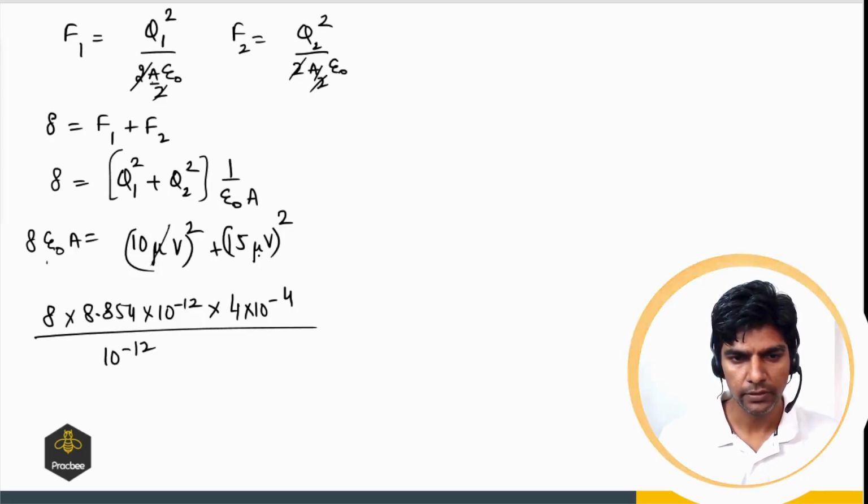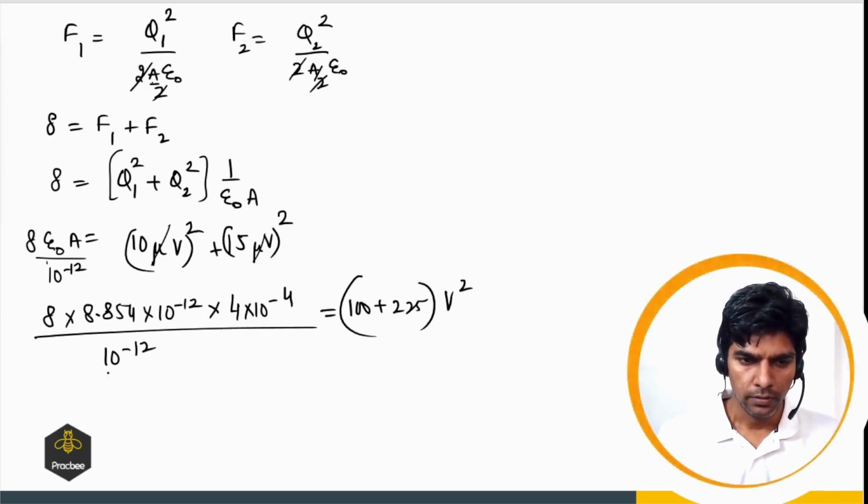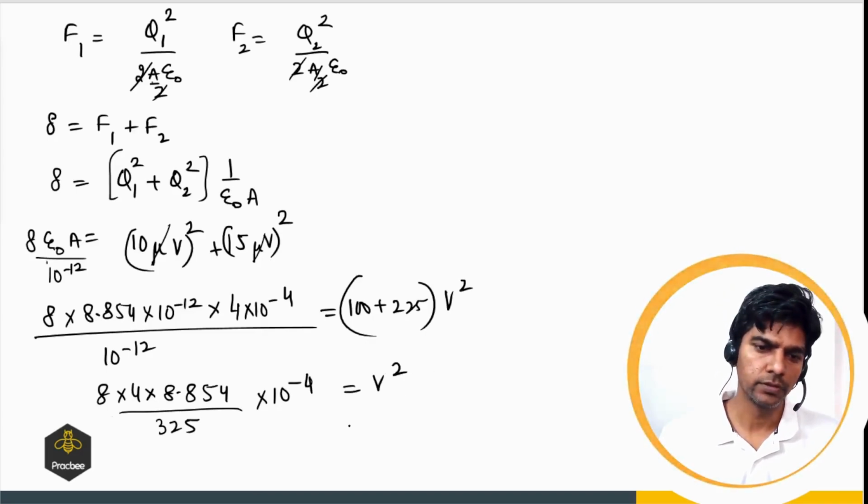I'm taking this, 10 raised to power minus 12, equals to 100 plus 225 times V square. So this will be 8 times 4 times 8.854 divided by 325 times 10 raised to power minus 4 V square.